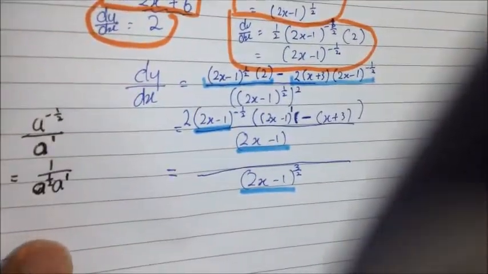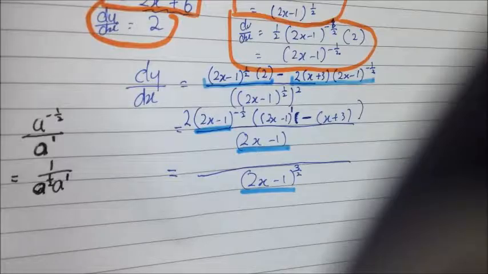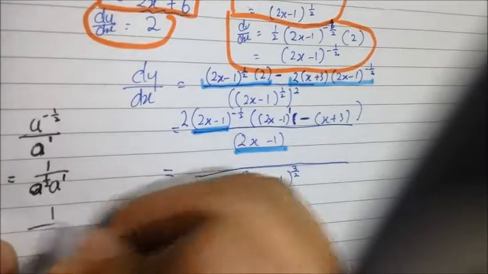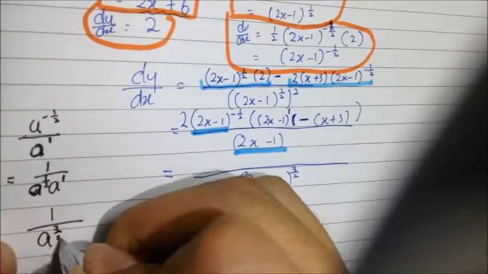Do you see what I'm writing? Again, this is a minus half over a1. I can bring down the a half and become 1 over a half a1. And if the base is the same, what do I do to the power? Add together. So then this will be 1 over a, 3 over 2. Do you follow?